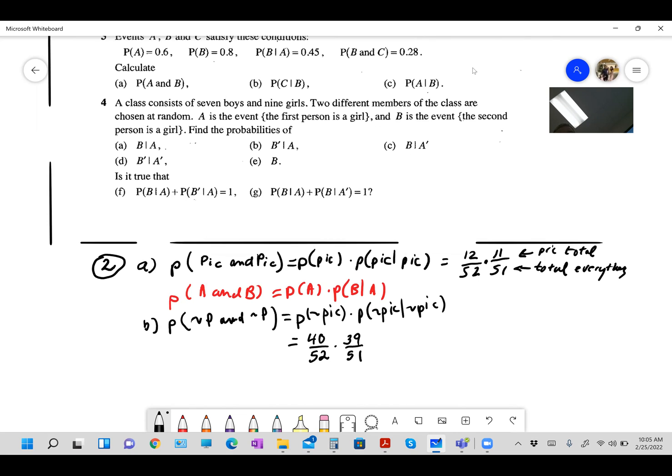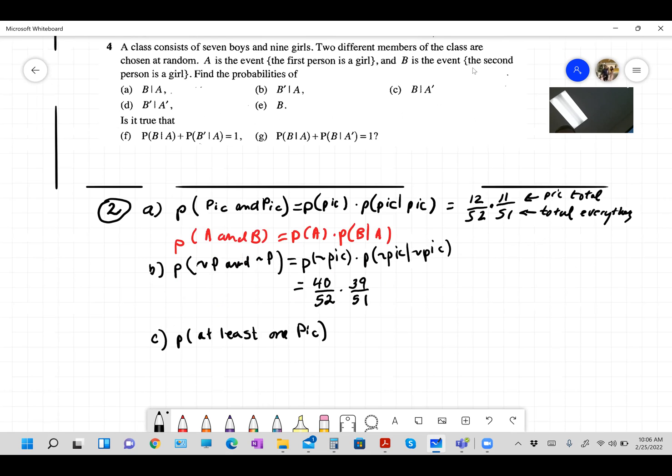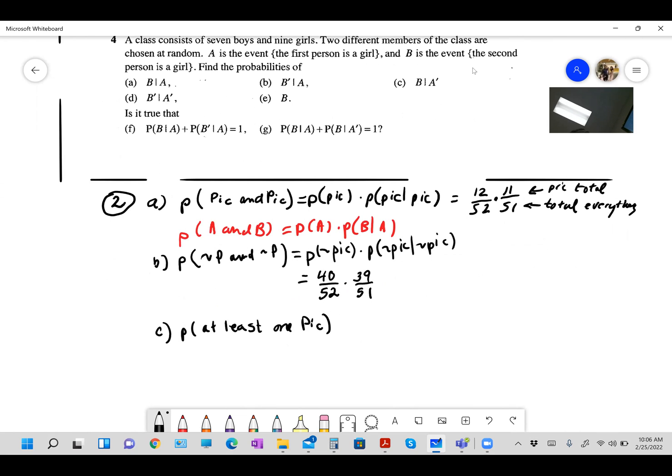All right, C says at least one is a picture card. So let's talk about what that means. It means either you have picture card, picture and not picture card, or not picture card and picture card.